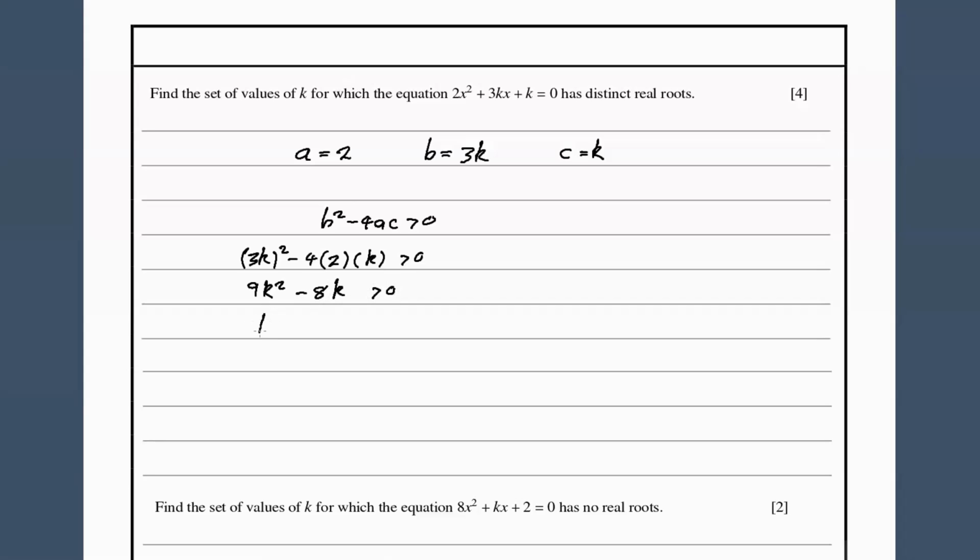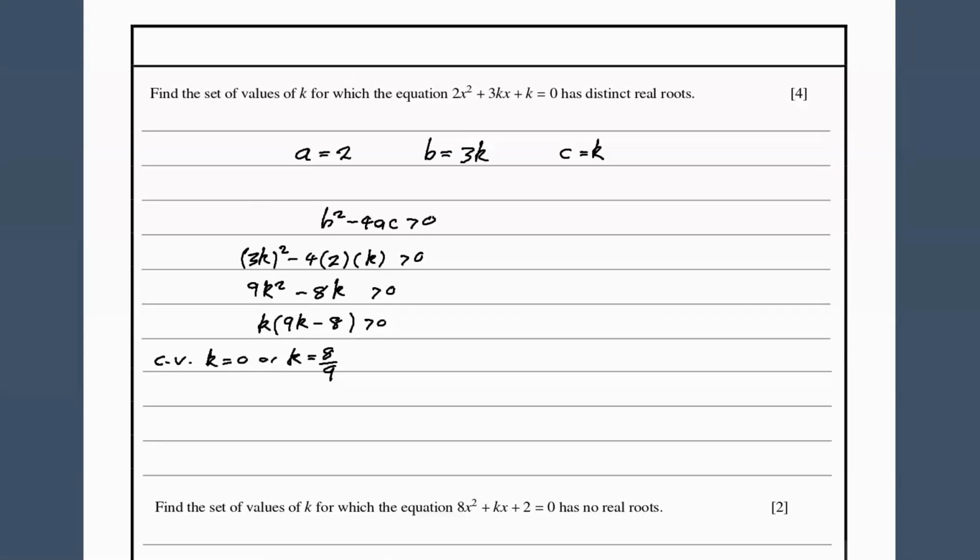And if we factor out k, that will be k times 9k minus 8 is greater than 0. And the critical values here will be k is equal to 0 or k is equal to 8 over 9. Okay, remember, we get the critical values by equating this to 0.